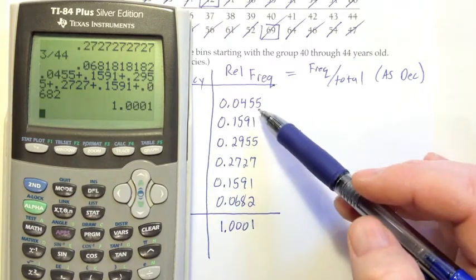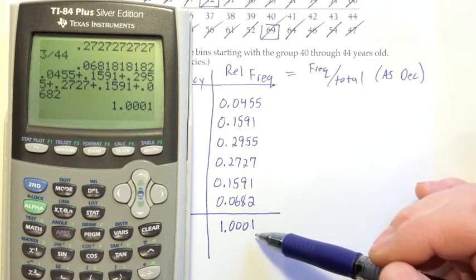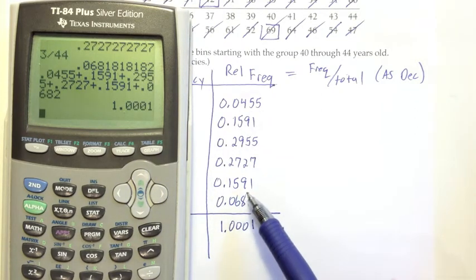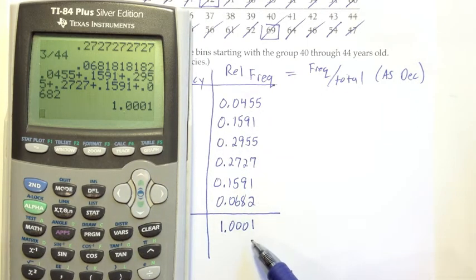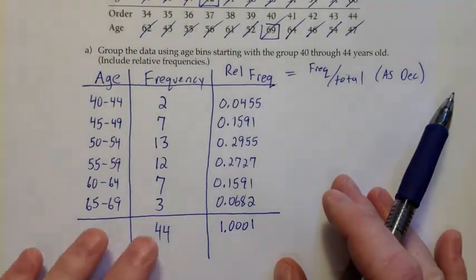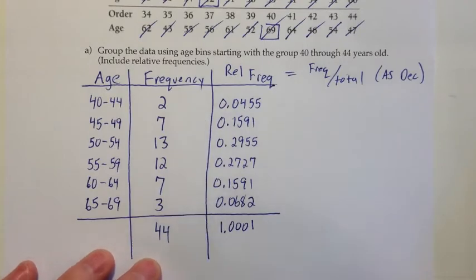A lot of times your round ups and round downs will balance and you'll get the one you expected, but sometimes, like this one, we ended up rounding up more often than down and we didn't get a balance and we ended up a little bit over. It's not a mistake that we made, it's not anything we need to change. It just illustrates that idea that when you round something, a little error gets introduced, and we should just put whatever total we get.